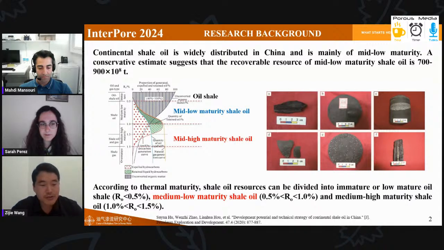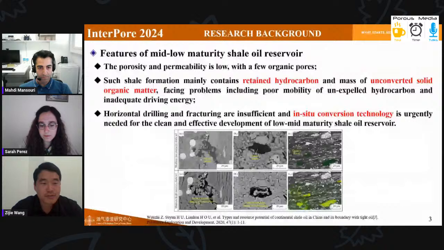This kind of shale oil reservoir has low porosity and permeability, filled with retained hydrocarbon and unconverted solid organic matter. Therefore, horizontal drilling and fracturing technology is insufficient to develop such reservoirs, and the in-situ conversion technology is urgently needed.